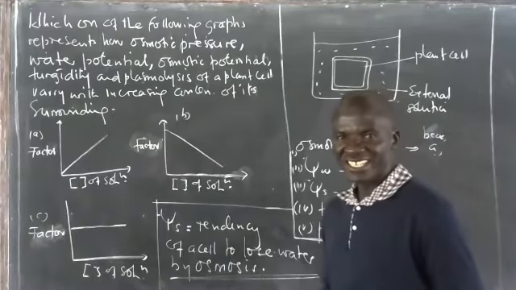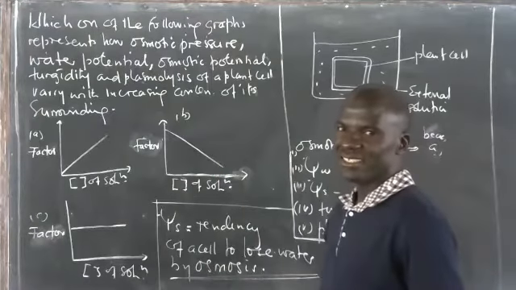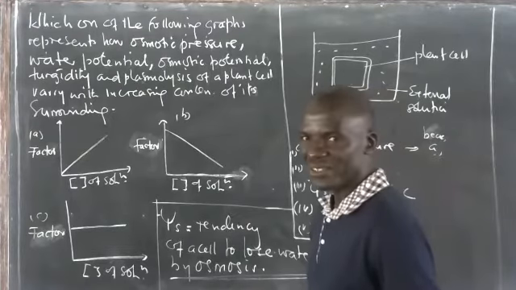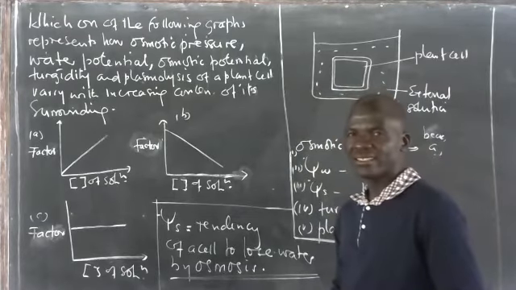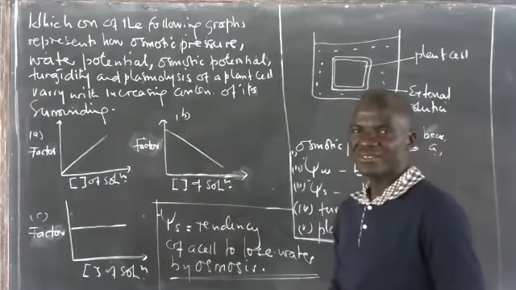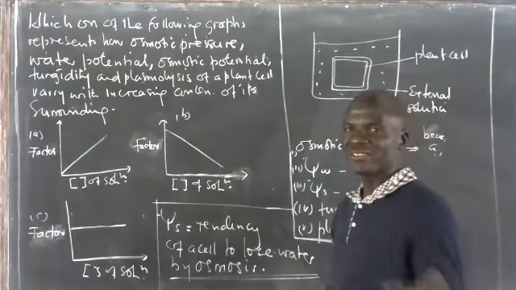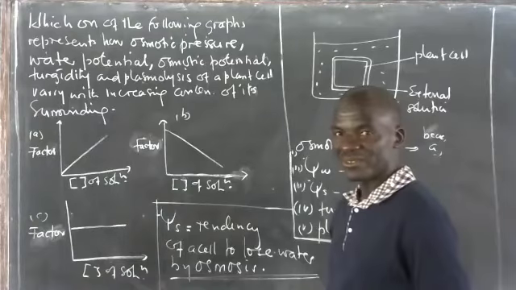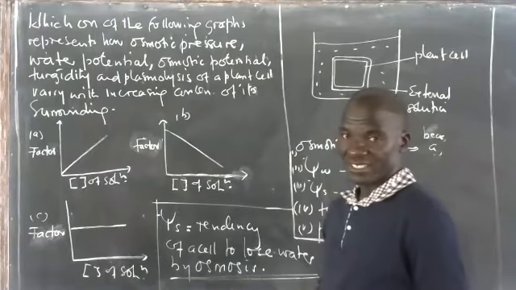So a highly concentrated solution has a very low water potential and a very low solute potential, and the dilute cell has a very high water potential and therefore a very high solute potential. Because the more dilute the cell is, the higher is the tendency for that solution to lose water by osmosis, and so will be its solute potential.